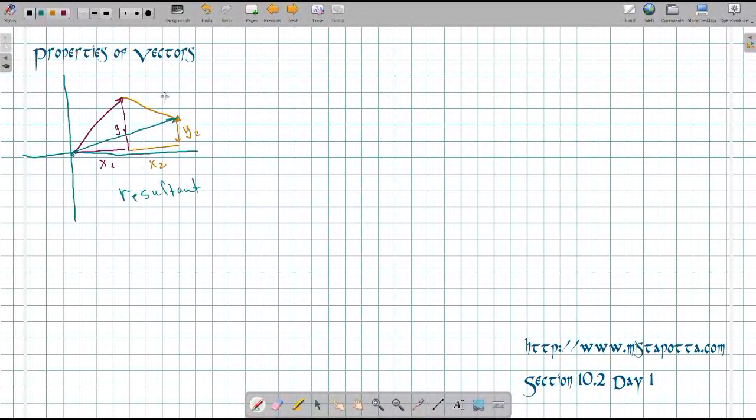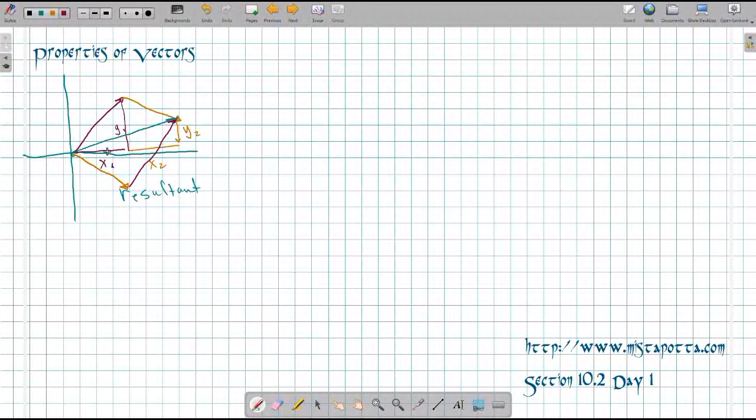Something interesting to note is that the order doesn't matter. I could have put my gold vector down first, and then my maroon vector, and I end up at the exact same point because I'm talking about the diagonal of some quadrilateral.